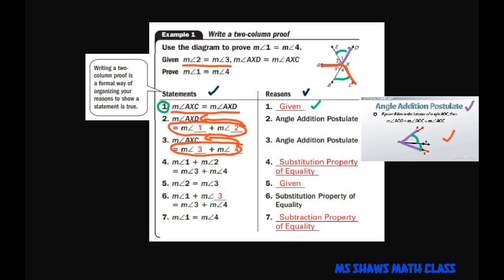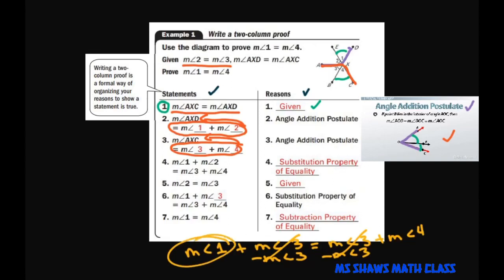What it's saying is the measure of angle 1 plus the measure of angle 3 equals the measure of angle 3 plus the measure of angle 4. And we're subtracting the measure of angle 3 from both sides. So that's basically what that's about. And we get the measure of angle 1 equals the measure of angle 4. And that's the subtraction property.